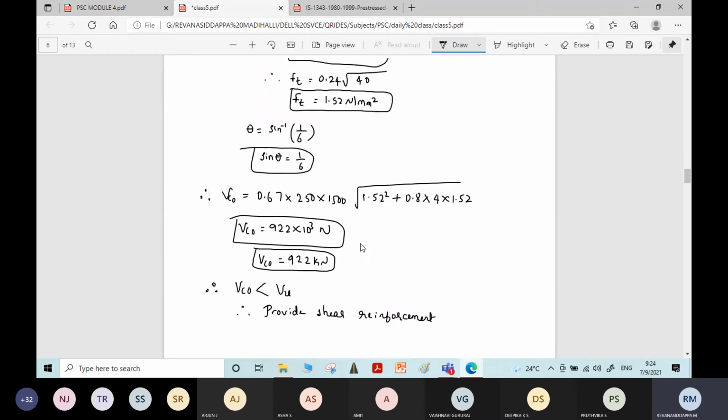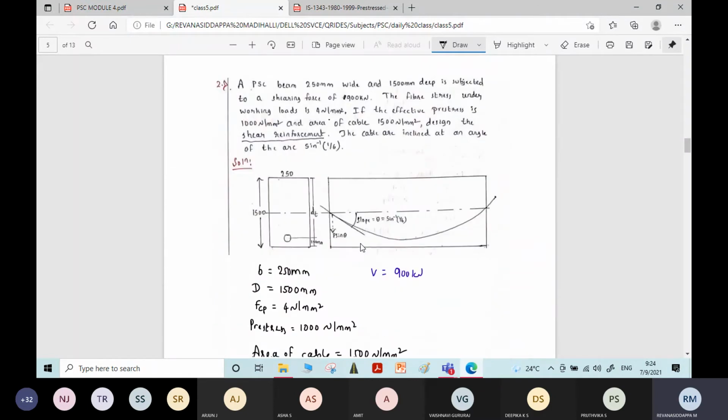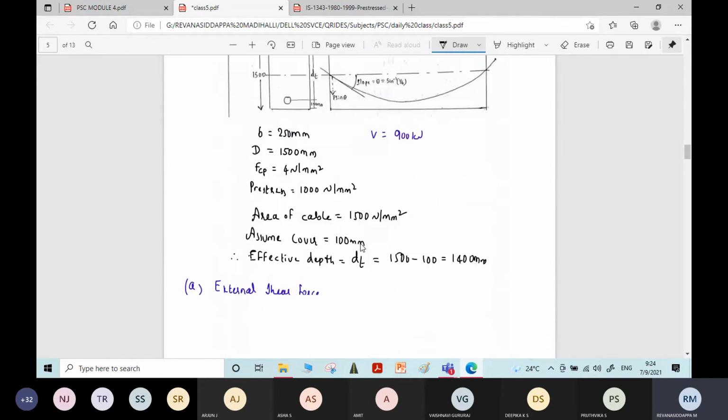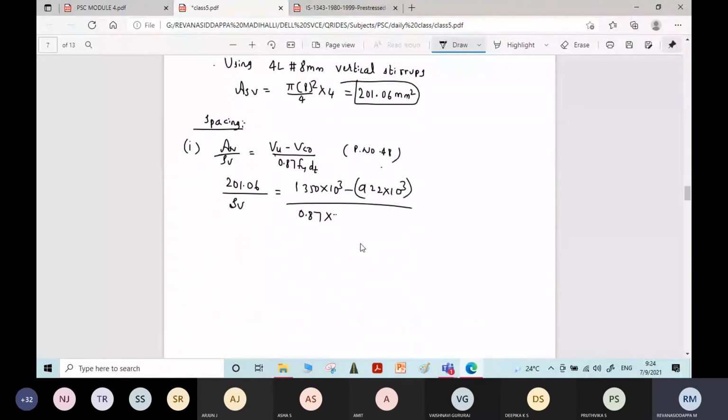Fy also not given in this problem, I think. Not given. Assume it as 415, Fe 415, into effective depth is 1400.